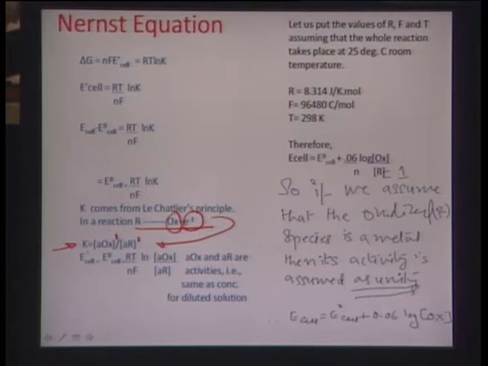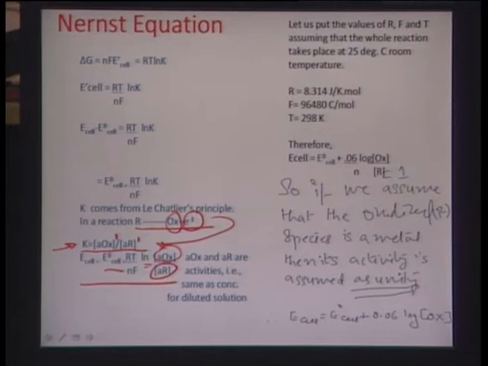And so, therefore, K can be written down as the activity OX by activity R. In case of the EMFs, if you look at the E cell and Nernst equation, it comes out to be E0 cell plus RT by nF natural log of K, and K is activity of OX by activity of R.